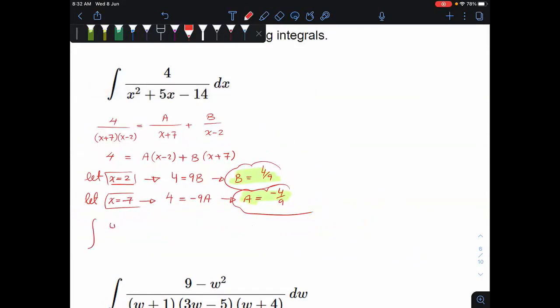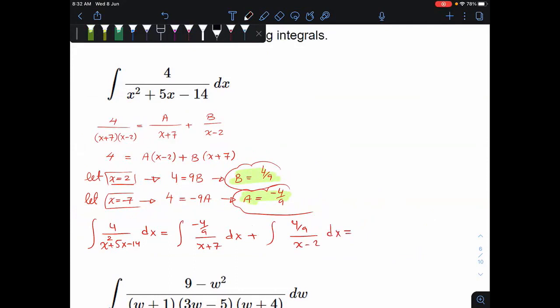So we write that the integral of 4 over x squared plus 5x minus 14 dx is equal to the integral of negative 4 over 9 over x plus 7 dx, plus the integral of 4 over 9 over x minus 2 dx. Then integrate.